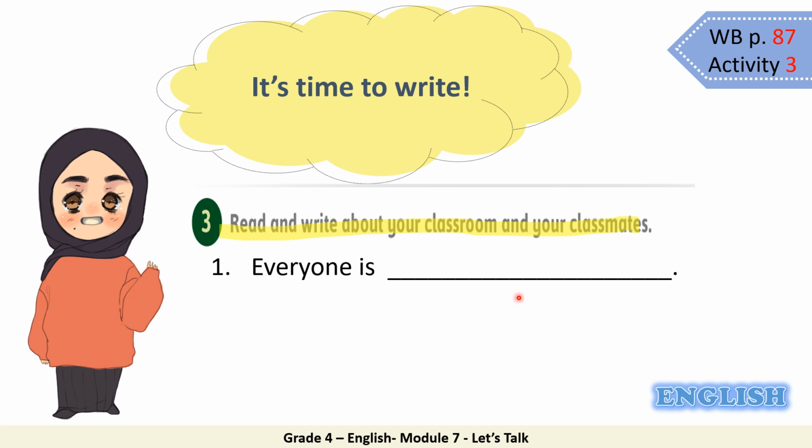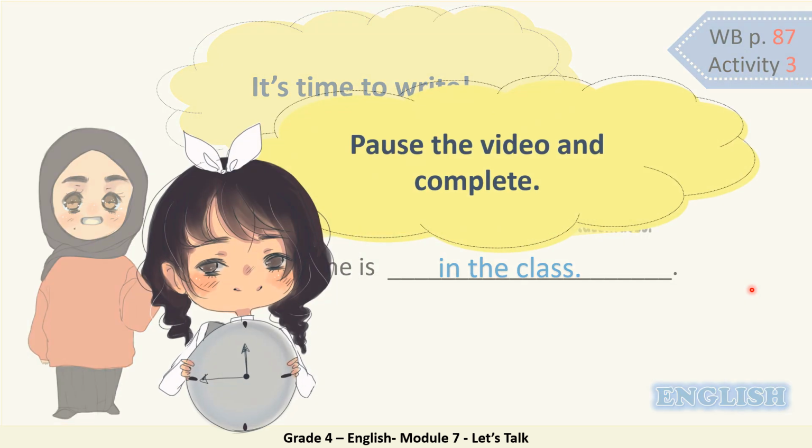You can say, everyone is in the class, or everyone is in the library, or everyone is outside. Simply just complete the sentence. Now, pause the video and try to complete the sentences 2, 3, 4 on your own.